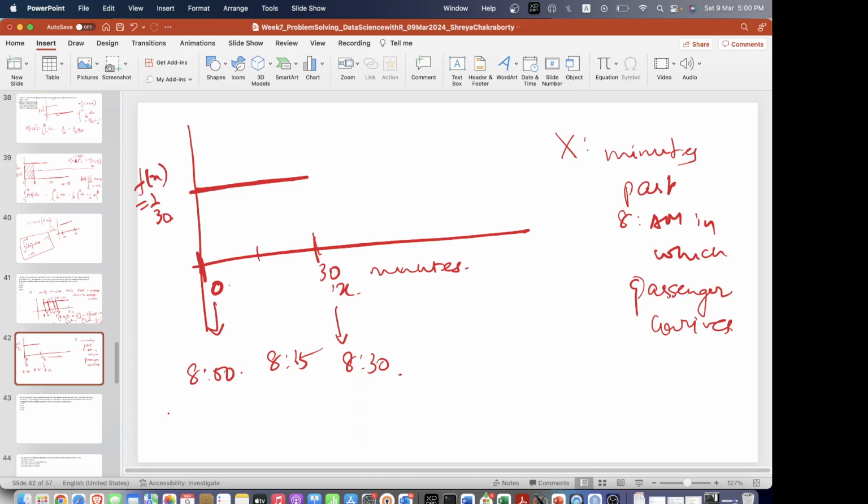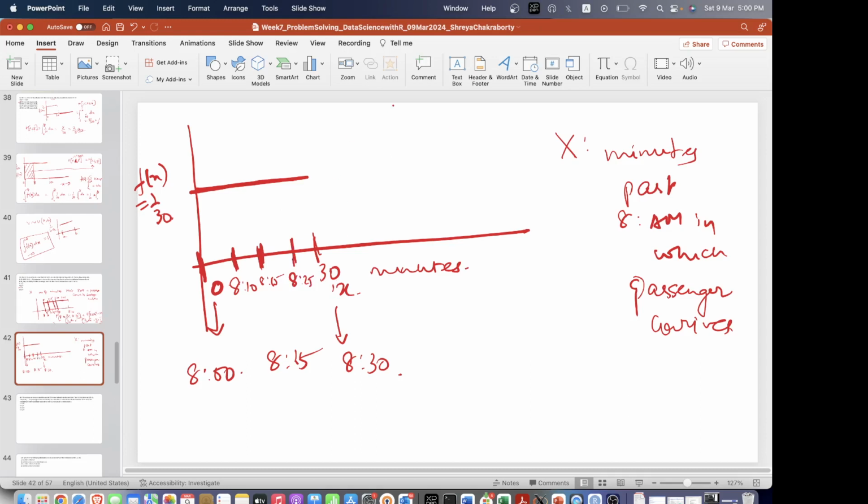Now the passenger has to wait for less than 5 minutes for a metro only if he arrives at or after 8:10 and catches the metro at 8:15, so that would be his waiting time of 5 minutes, or if he arrives somewhere between 8:25 and 8:30.